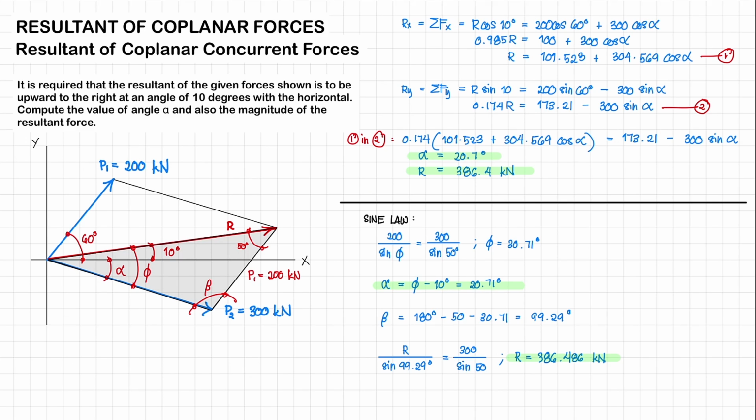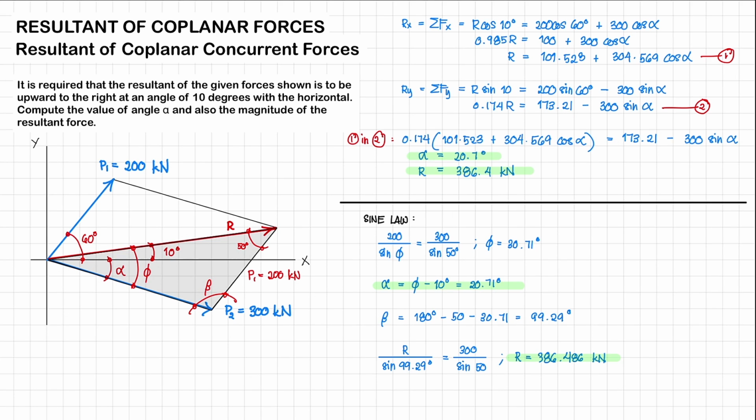So from the given, this side of our triangle is going to be equal to our P1, which is 200 kilonewtons. And the angle opposite our P1, we're going to name that as our angle phi. All right. And then for our resultant force, the angle opposite that, we're going to name that as our angle beta. All right.